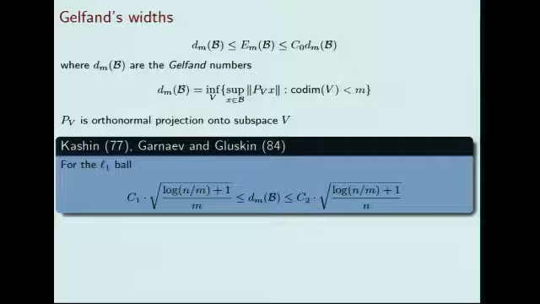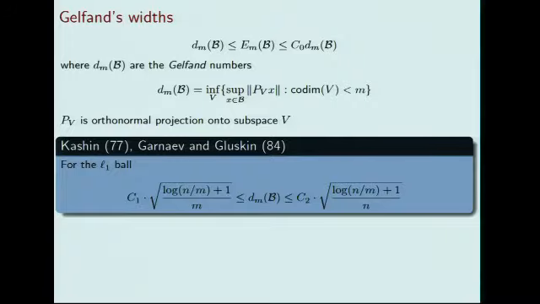The thing is that people in the literature have studied these Gelfand widths because they play a very important role in nonlinear approximation theory, and we know precisely how they look, thanks to the seminal work of Kashin, which was later refined by Garnaev and Gluskin. For the L1 ball, they tell us within a constant what the Gelfand width of the L1 ball is.